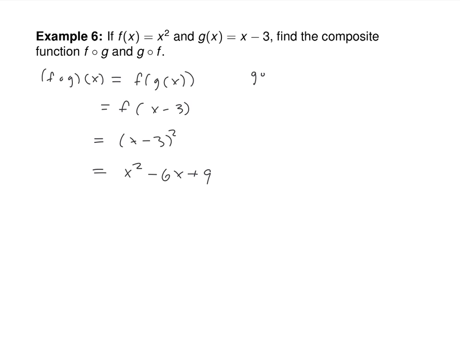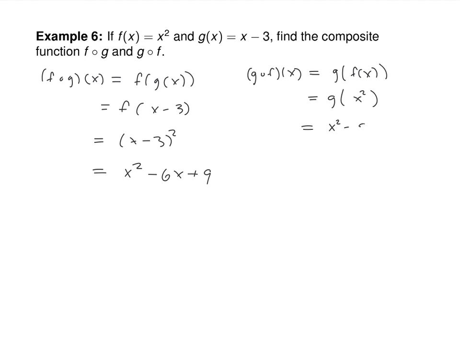Okay, how about g of f? So that's g of f. What's f equal to? And then you plug that x squared into g, and what do you get? x squared minus 3, sorry, right?